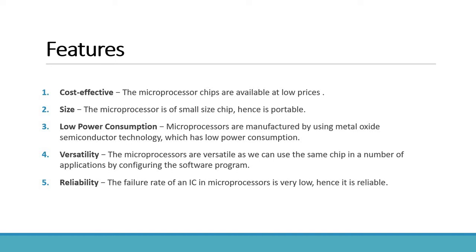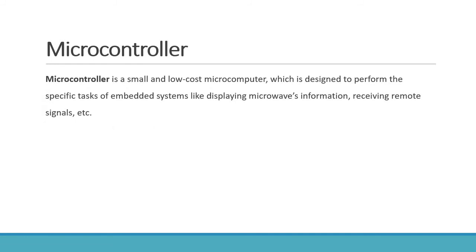Microprocessors are manufactured by using metal oxide semiconductor technology, which has low power consumption. Versatility. The microprocessors are versatile as we can use the same chip in a number of applications by configuring the same software program. Reliability. The failure rate of an IC in a microprocessor is very low, hence it's reliable.